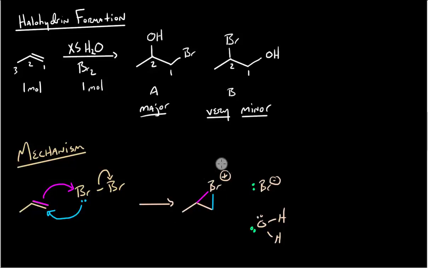This is obviously our electrophile from the previous video, but now we have two potential nucleophiles in this solution. We have Br minus, which was our old nucleophile for the regular Br2 mechanism. But now that we have a lot of water in solution, these water molecules also have a lone pair that could be used for a nucleophilic attack.